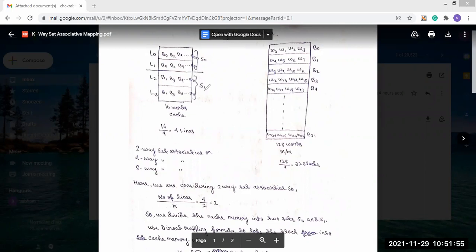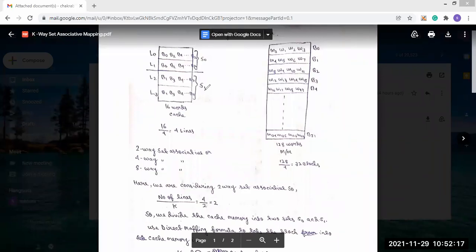That means we have two sets, S0 and S1. In S0, lines L0 and L1 will be present, and in S1, lines L2 and L3 will be present.